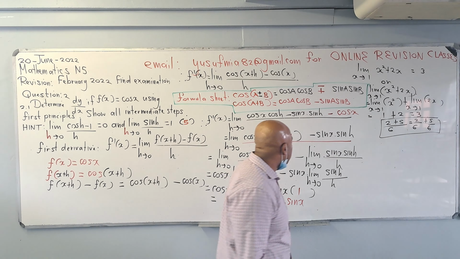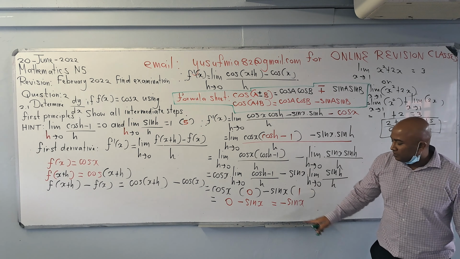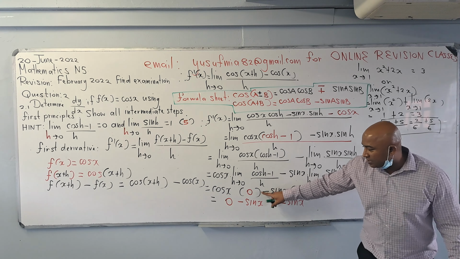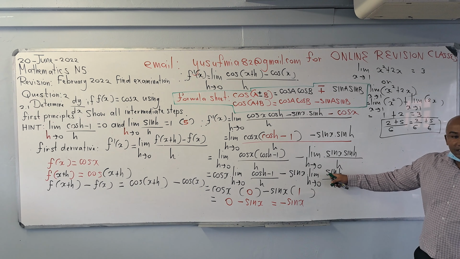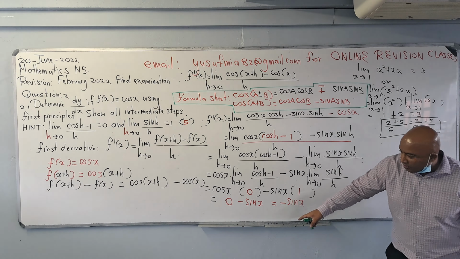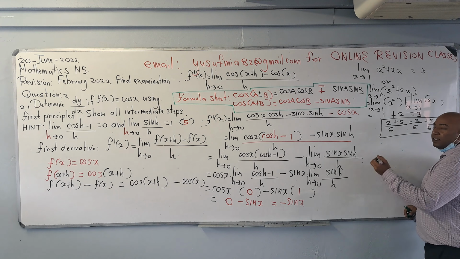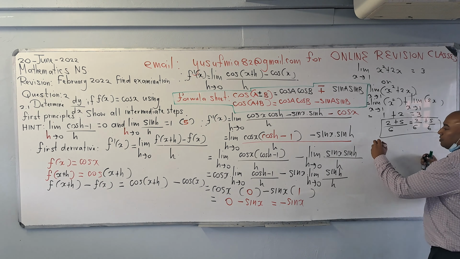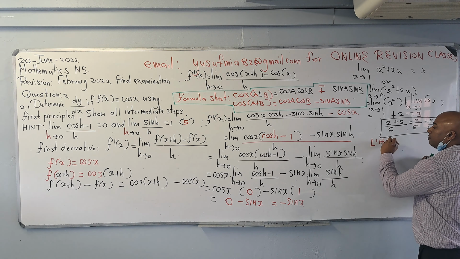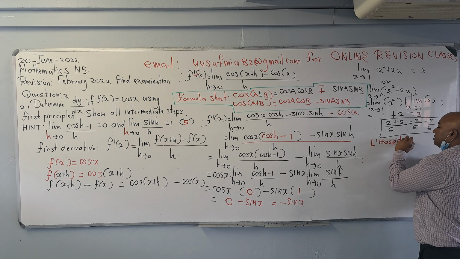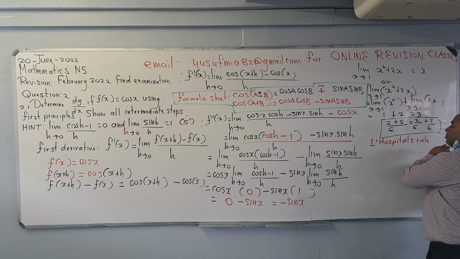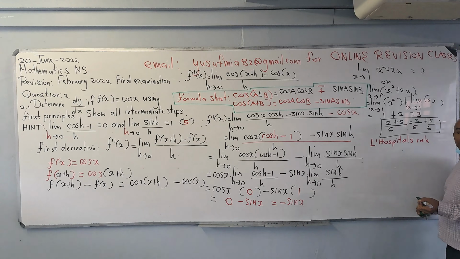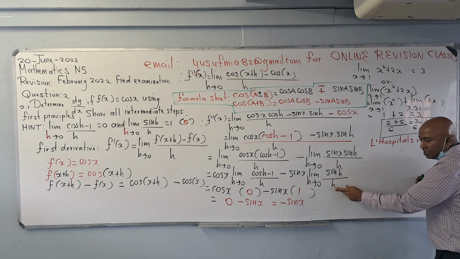Now, for those of you who were wondering how cos h minus 1 over h is equal to 0, how is sine h over h equal to 1? Let me just show you that, remember, we have done this rule. You can verify it. So verify this part here, sine h over h.